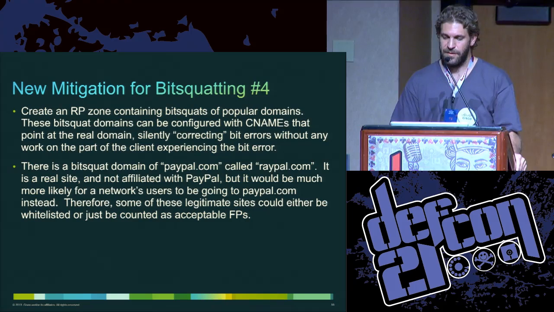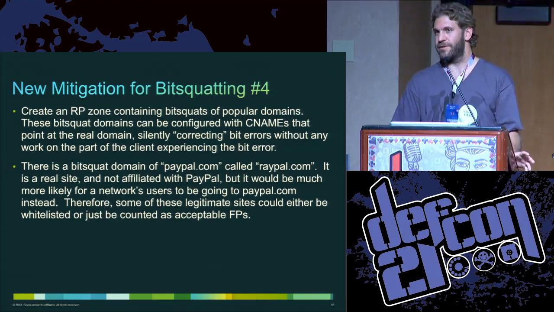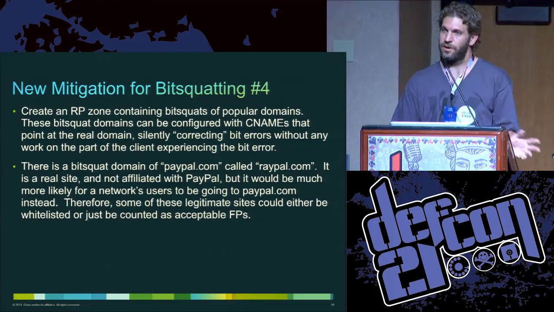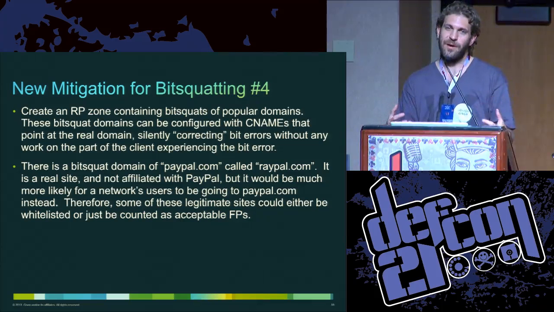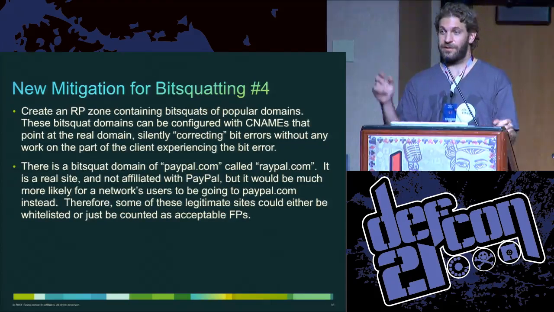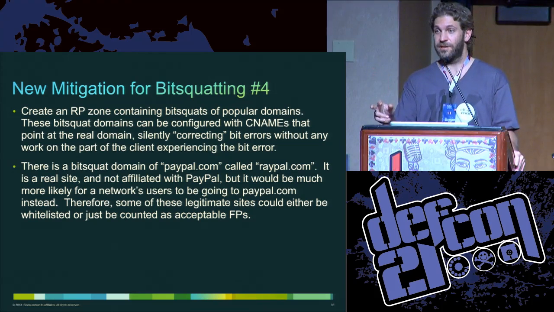But possibly the best mitigation is a response policy zone. With a response policy zone, you configure your DNS server to look for requests that might be 1 bit different. I have an example here of PayPal. If you had an RPZ, you might look at a request coming to you for RayPal and think, that's probably a 1-bit error, and I'm going to silently return from my DNS resolver a no such domain, or maybe redirect them to a walled garden.